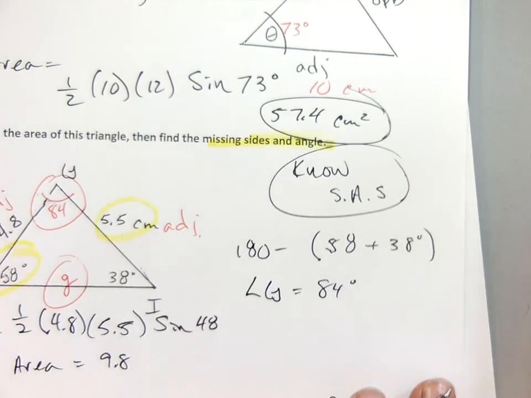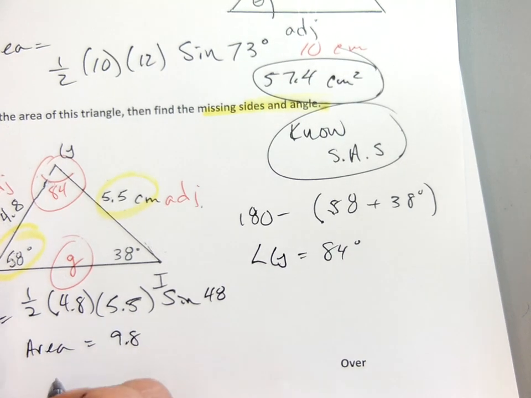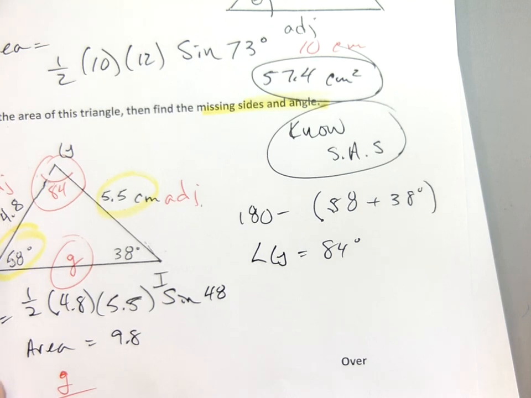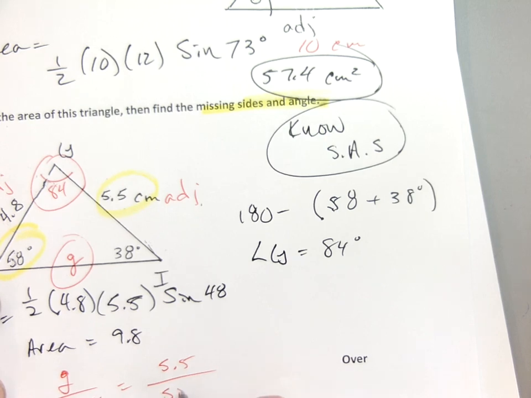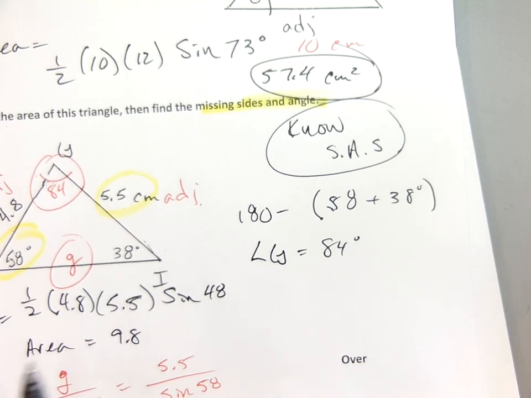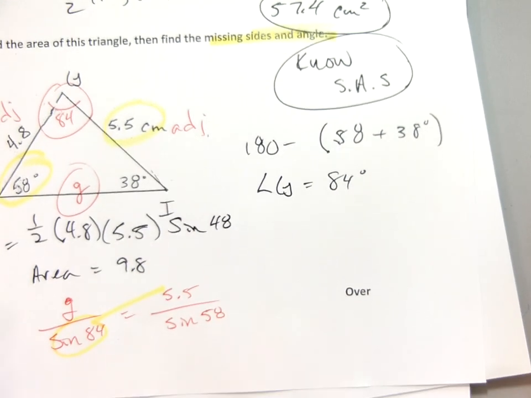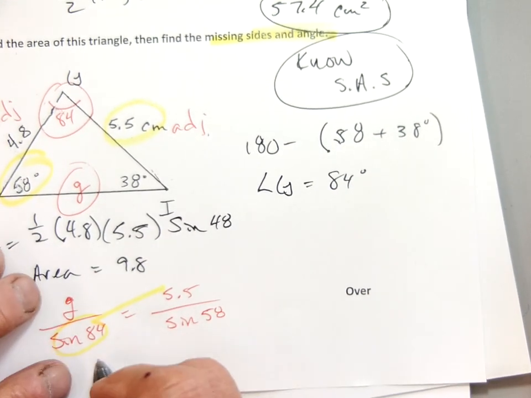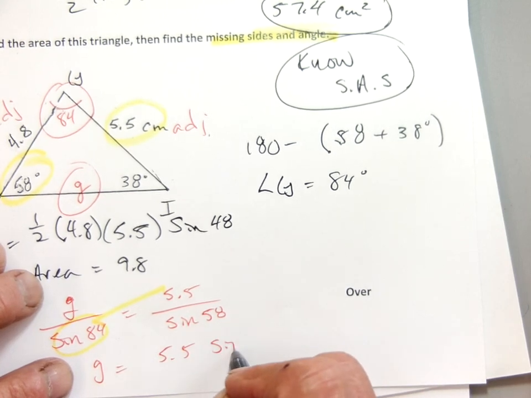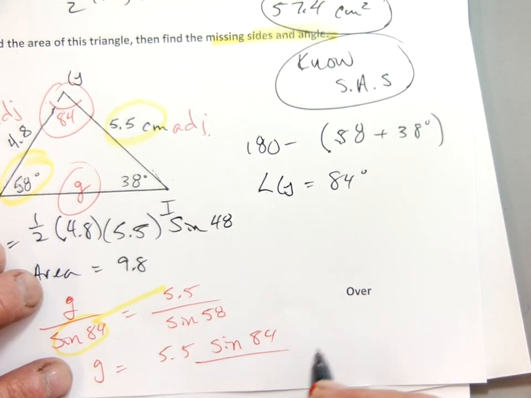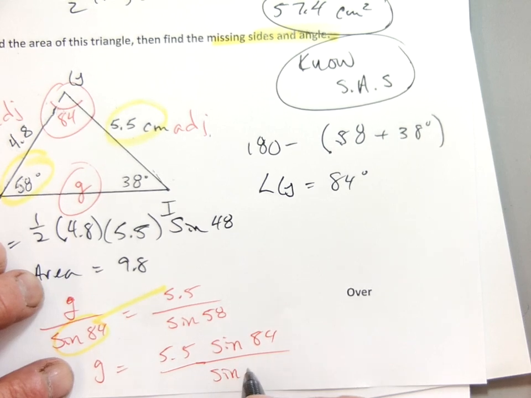And I'll say, okay, well, I'm just going to set up my little g over the sine of 84 equals 5.5 over the sine of 58. And I will cross multiply, right? Cross multiply, and get little g is 5.5 sine of 84 over my sine of 58.